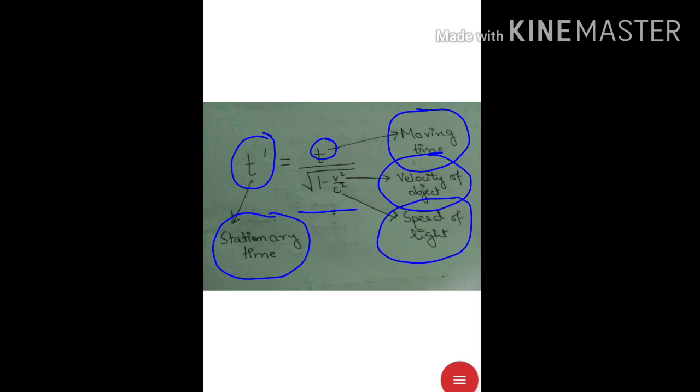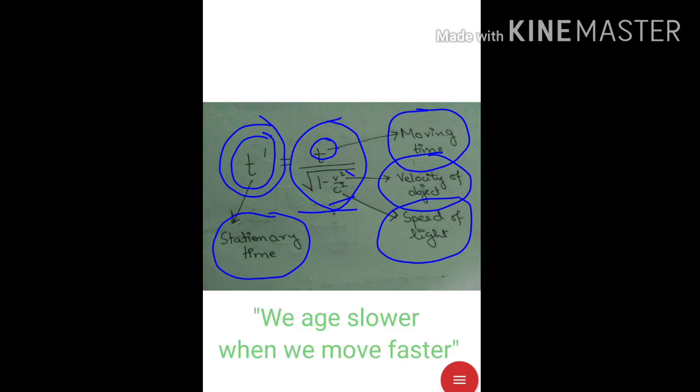Now, as v is very small compared to c, this is going to be closely equal, but not actually equal. That's not too noticeable. But actually time is dilating here. So the time of a stationary person will be more than the time of a moving person. In other words, you age slower when you move faster.